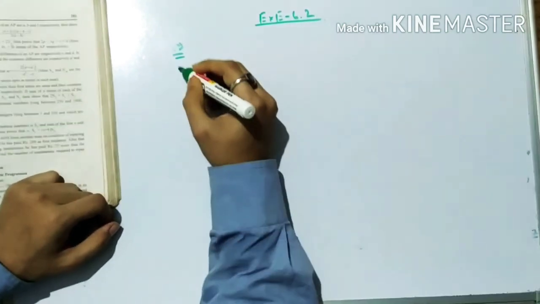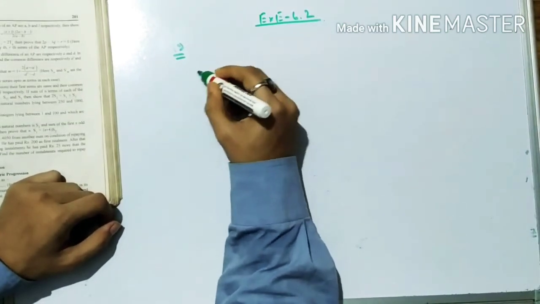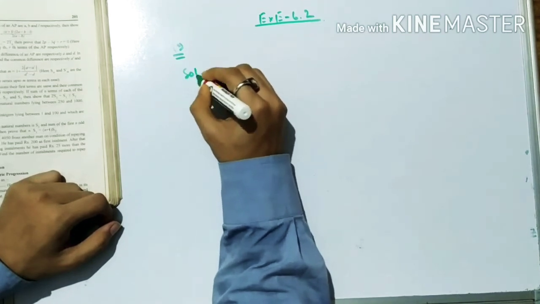So since the three angles of a triangle are in AP, I will take the three angles in this way. Question number 19 solution.